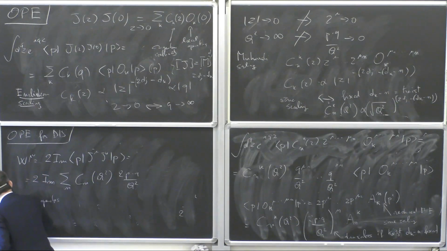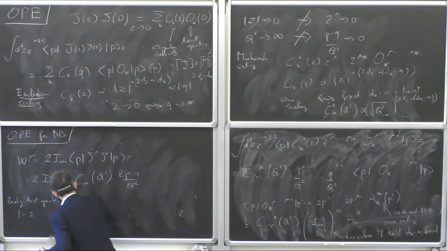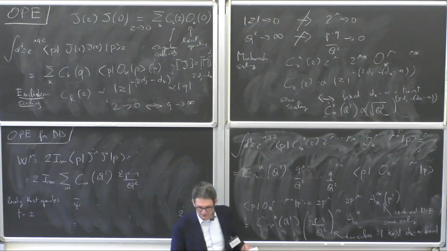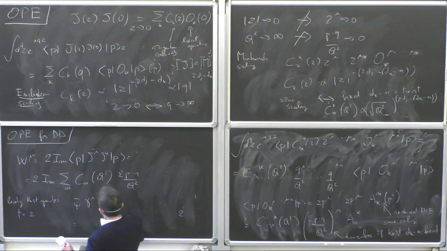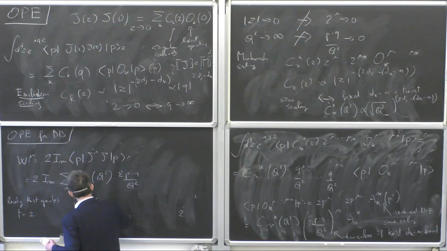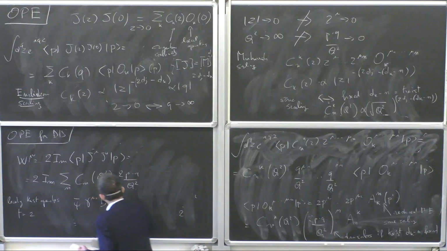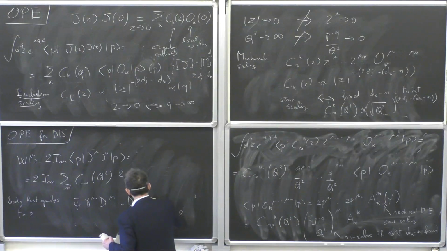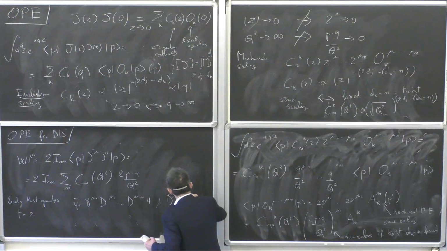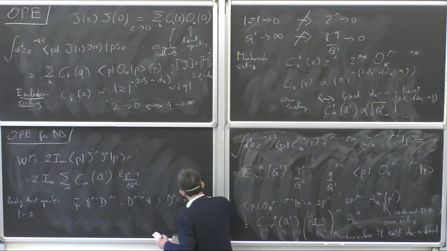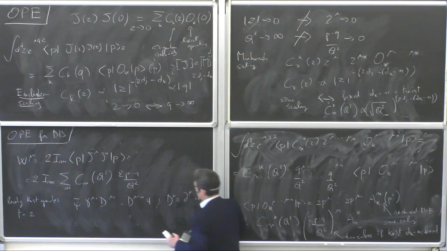are in fact twist 2 operators, so twist is equal to 2, and for fermions, so for quarks, they are bilinear operators which have the structure psi bar gamma mu 1 D mu 2 ... D mu n psi, where D mu is a covariant derivative, partial mu minus i e A mu.